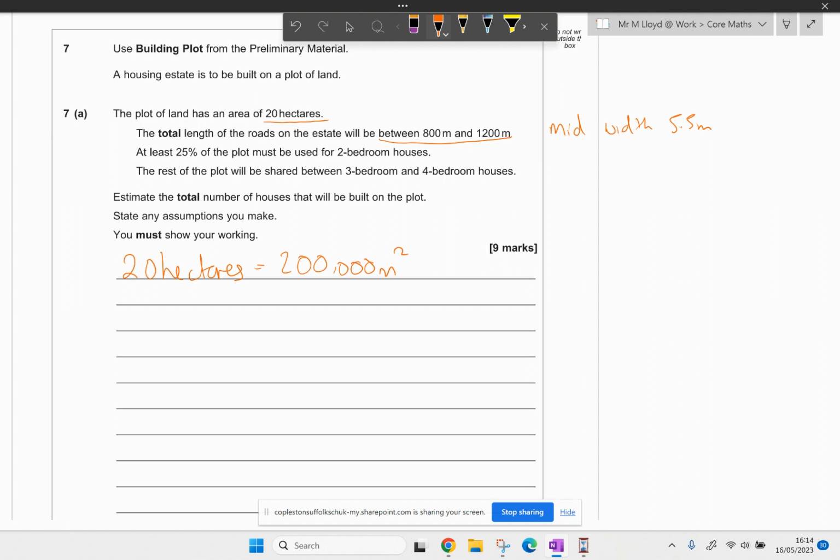So that's fine. What I might do is I'm going to assume that all the houses are bunched together. When the road serves as an access between 6 and 50. Actually, let's just go in the middle, 6 to 50 properties. Or do we work out the number of houses first and go backwards? Not too sure.